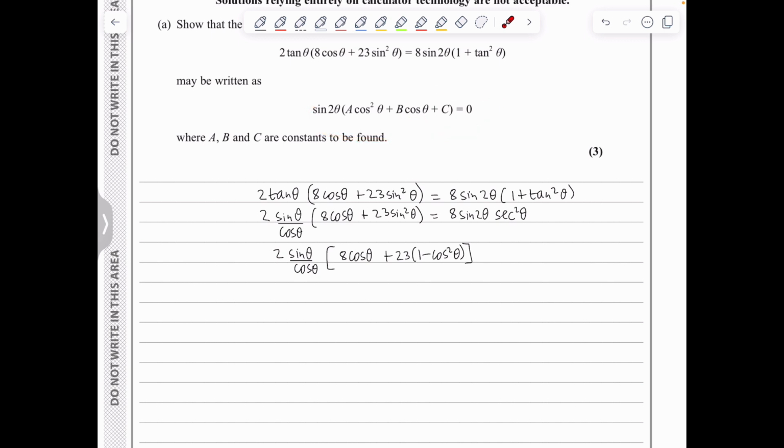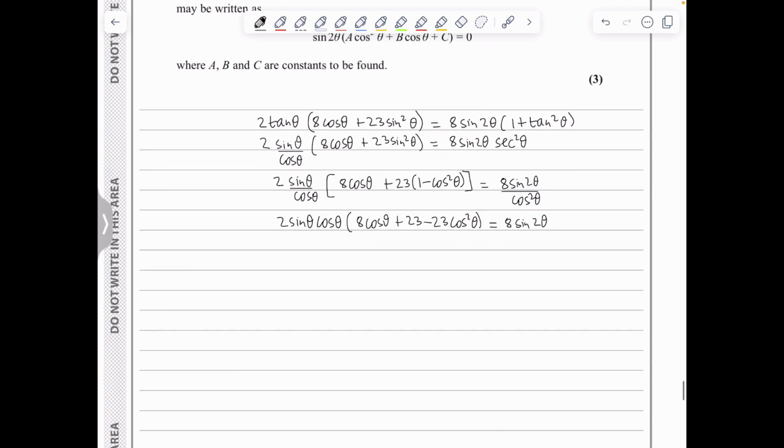So on the right hand side, we've got 8 sine 2 theta over cos squared theta, which means I can proceed into multiplying both sides by cos squared theta to get 2 sine theta cos theta. And within the bracket, we've got 8 cos theta plus 23 minus 23 cos squared theta is equal to 8 sine 2 theta.